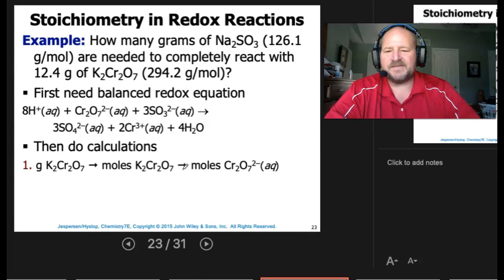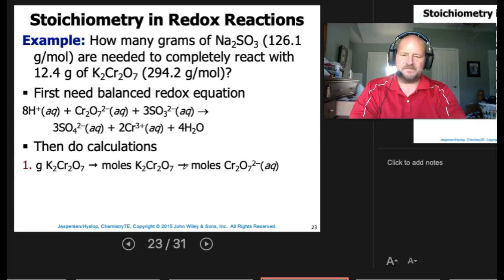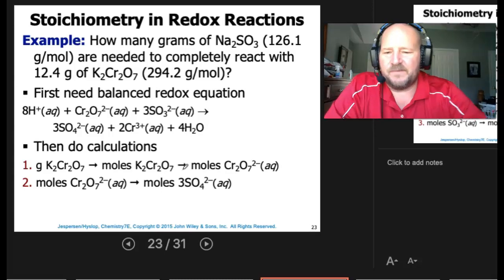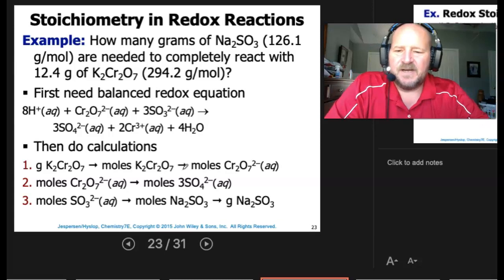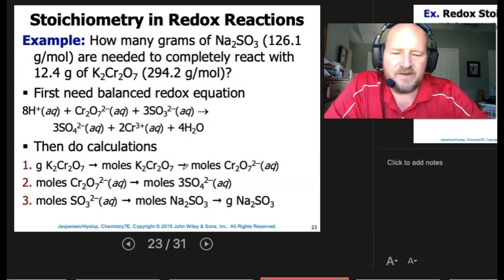So we'll go from mass of the potassium dichromate to moles, and then to moles of the dichromate itself, because that'll be the relation in our balanced reaction. And then we'll go from the moles of the dichromate to moles of the sulfate, and then moles of sulfate back to moles of sodium sulfite, and then to grams of sodium sulfite.